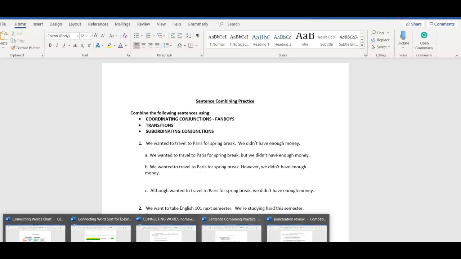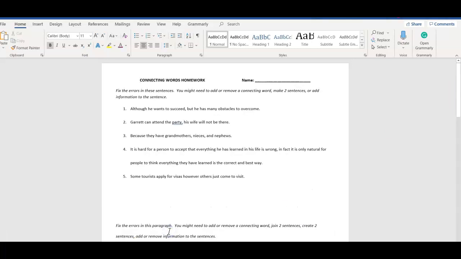Finally, you can use your connecting words chart to correct mistakes with connecting words. Okay, so we will be talking more about this in the future when we study run-ons and fragments. However, to begin, I will look at these couple of sentences with you. Okay, although he wants to succeed, but he has many obstacles to overcome. In this sentence, the person has used two connecting words, although and but.